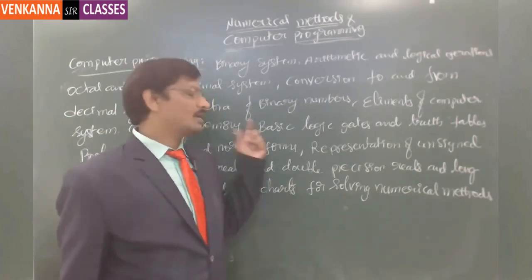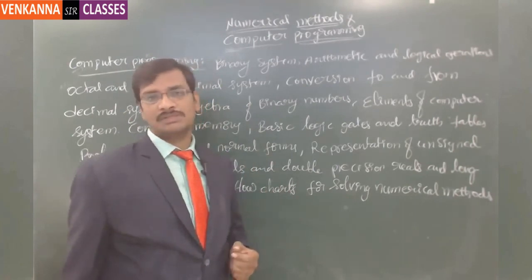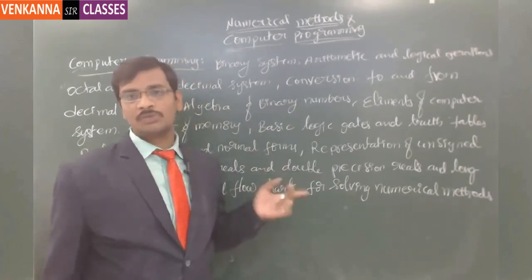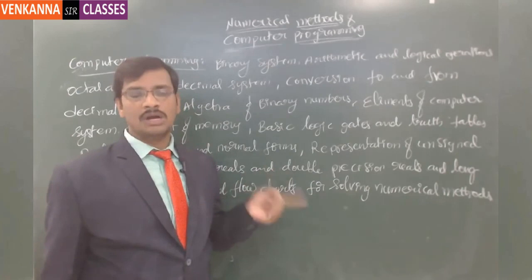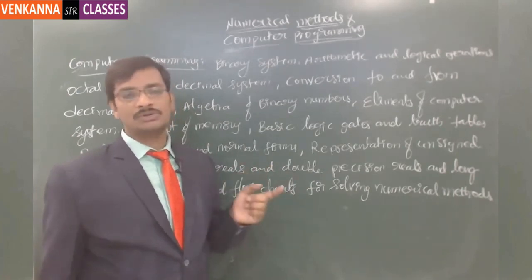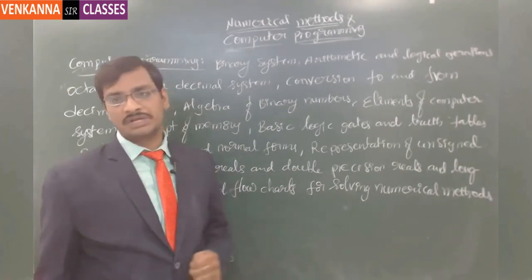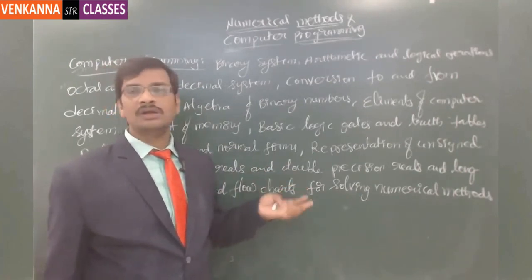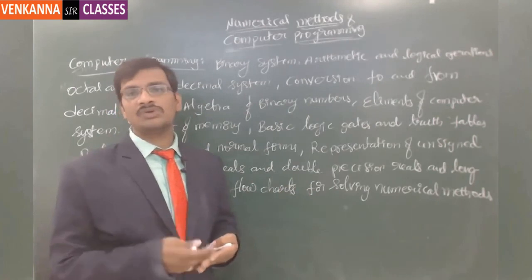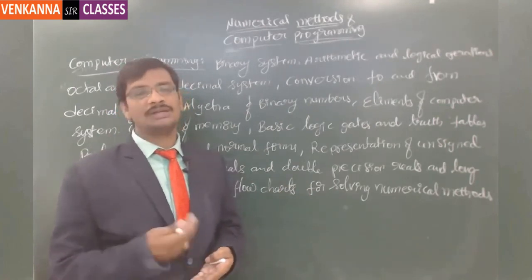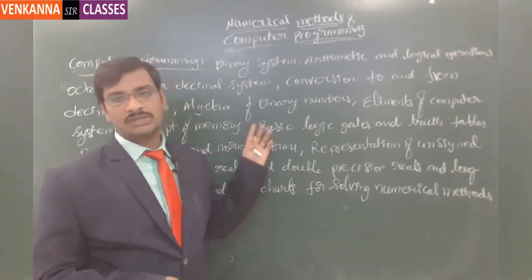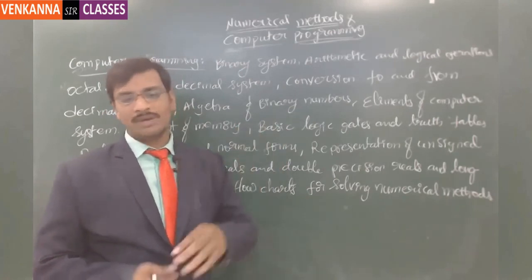Now, what are the different uses of this binary number system and how to convert from one form to another form, like binary to octal and octal to hexadecimal and decimal to hexadecimal. Like this, any number of combinations you can take, and then you have to identify. So in the real world we are going to deal with the real number system or the decimal number system, and here the computer can deal with only the binary number system.